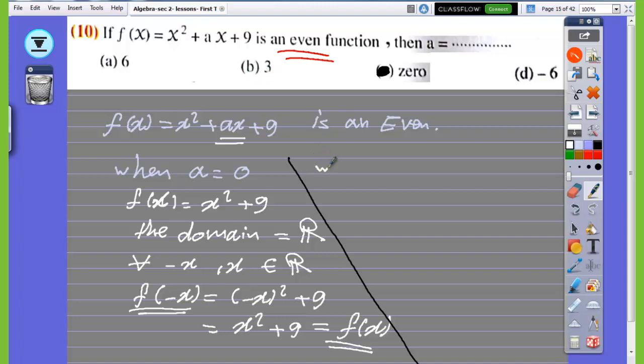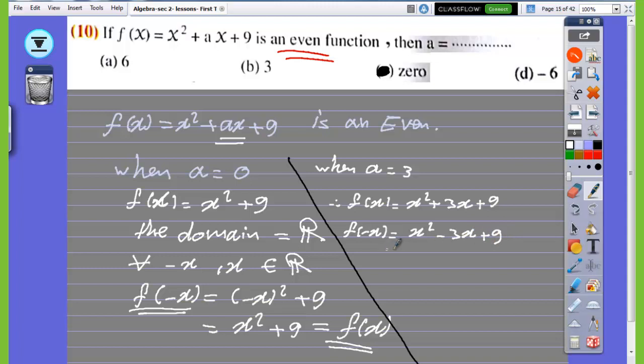When a equals 3, f of x equals x squared plus 3x plus 9. So f of negative x equals negative x all squared, which equals x squared. Substituting x equals negative x, we get x squared minus 3x plus 9.